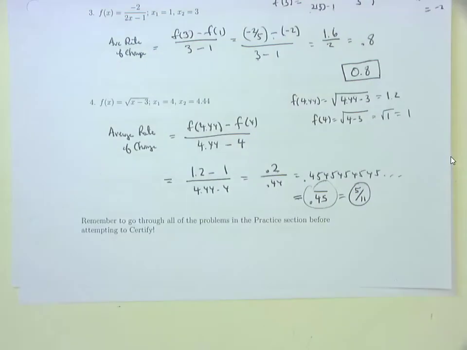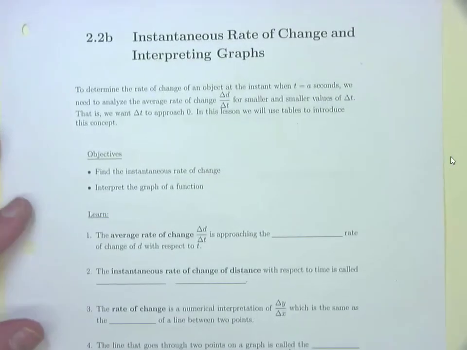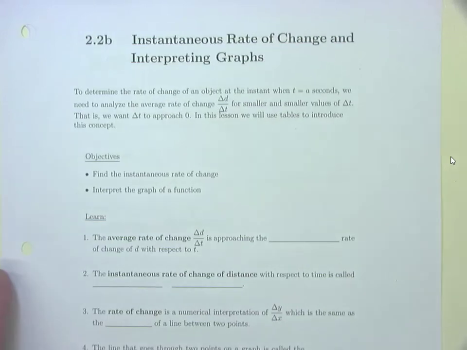Now, we're setting you guys up with this average rate of change stuff, because the next section, which I'll go over next time, but I kind of want to introduce it to you guys, is this idea of instantaneous rate of change.